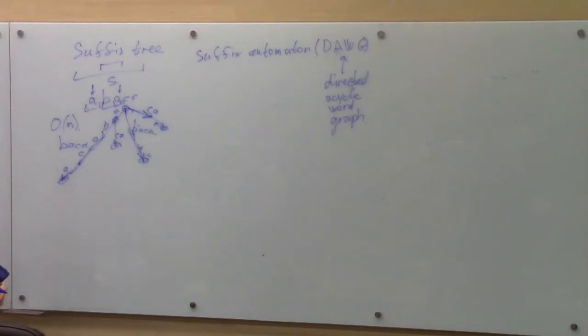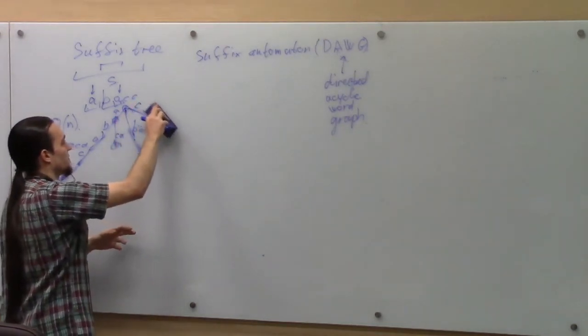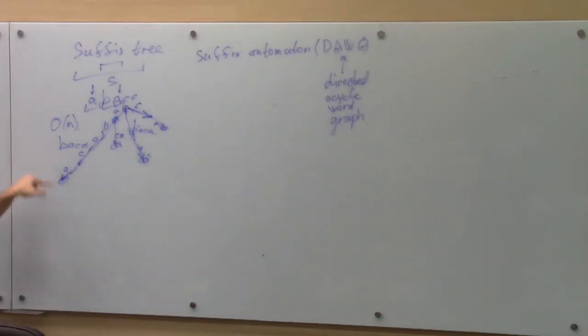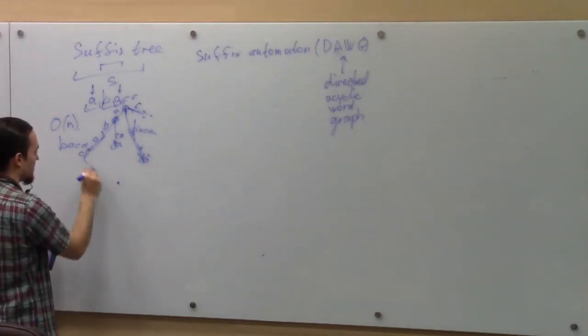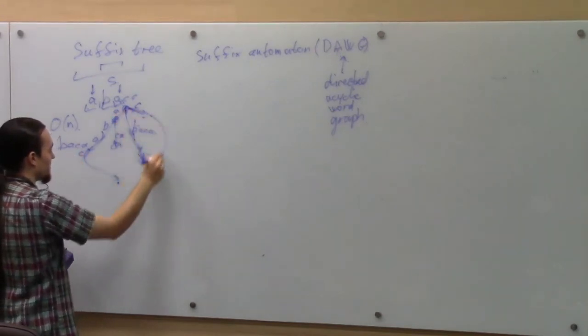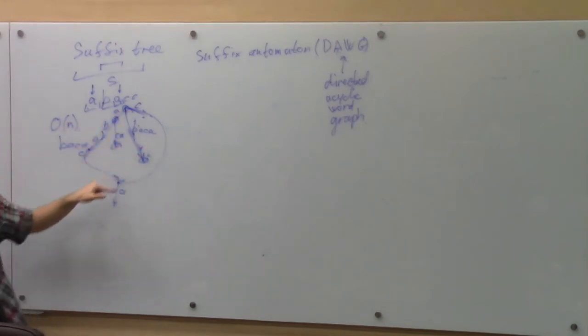Because if we are in one of these positions, it doesn't matter in which one. So if we wanted to contract something here, we could say, okay, this is going to be a single position now. So C leads here, and this C leads here, and then A goes here. So for the purpose of substring matching, nothing changed. You can still match both A, B, C, A, and also C, A.